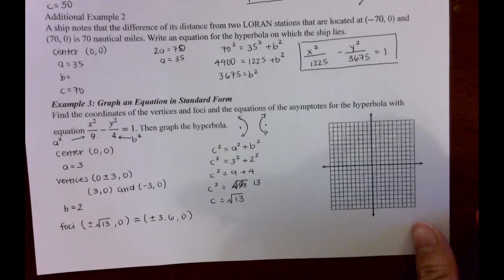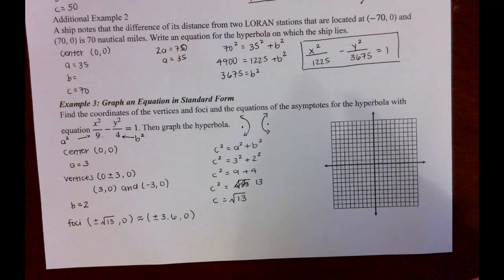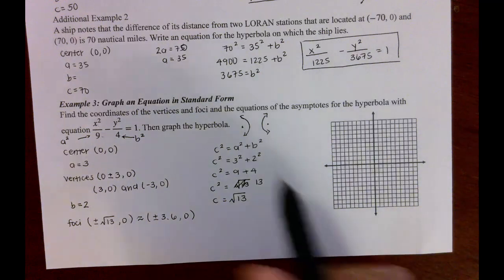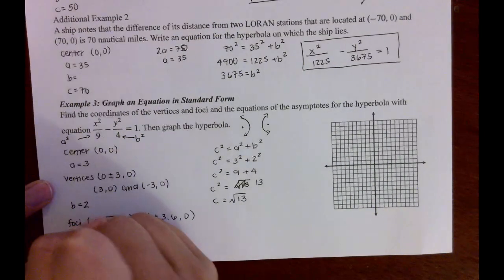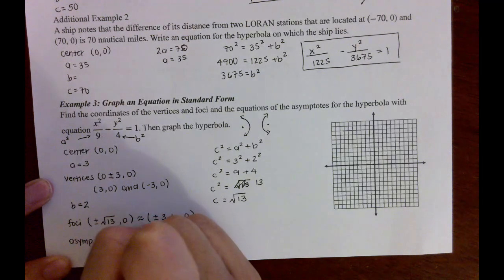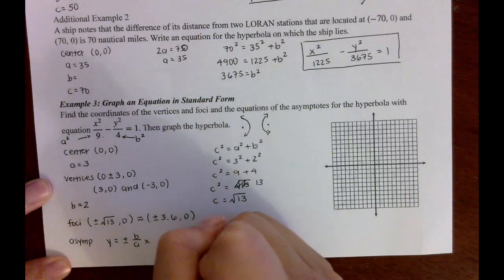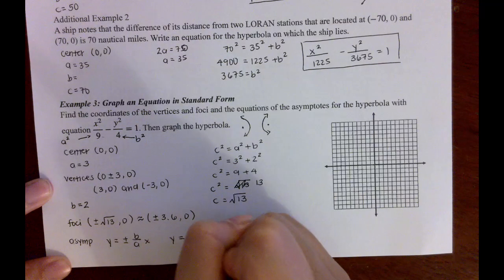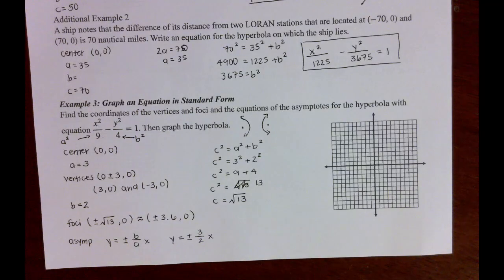And for the equations of the asymptotes, because it's going to be horizontal, the asymptotes are y equals plus or minus b over a times x. So it'll be y equals plus or minus 2/3 x. Okay, and you'll see why in a bit.